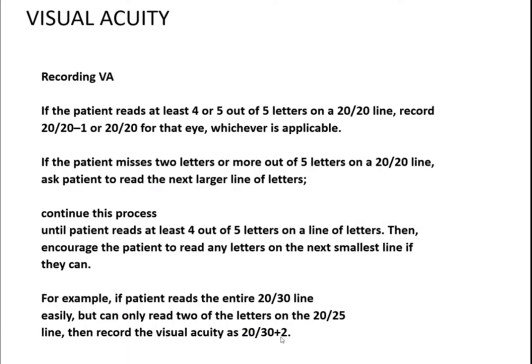So that plus 2 or minus 1 represents something that is in addition to the visual acuity that's indicated. Two letters, not 2 lines. 2 letters extra, in addition.